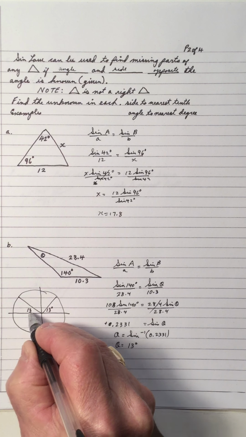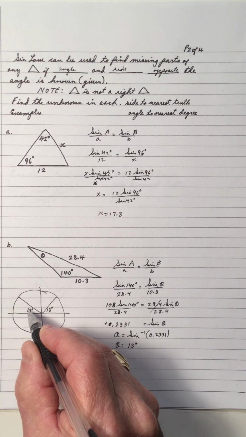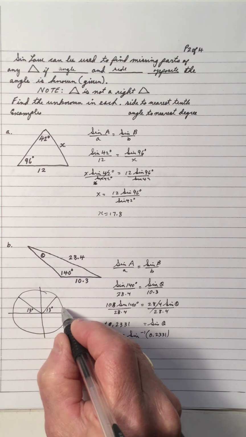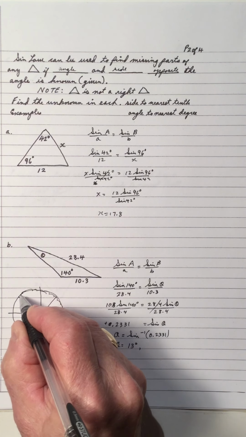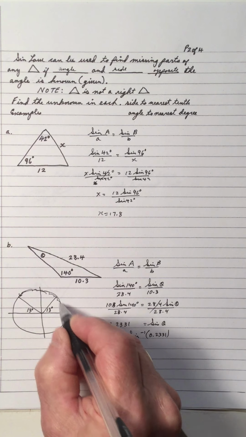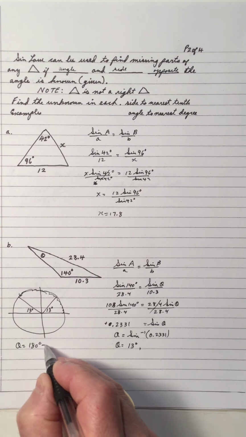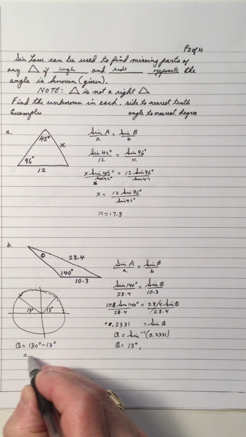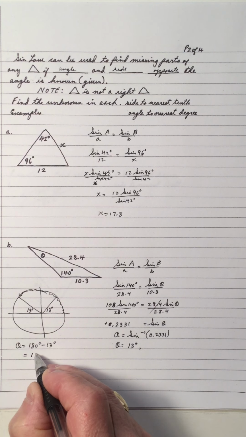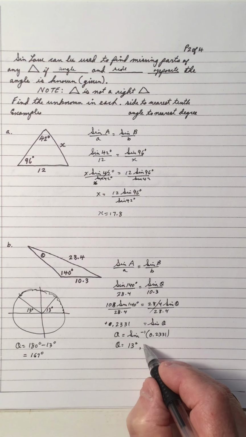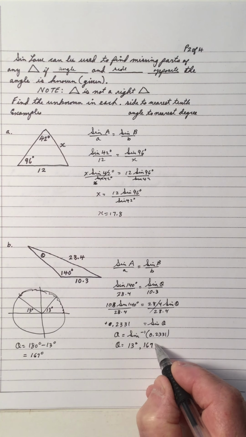That means the reference angle in the second quadrant is 13. So 13 is one answer. In the second quadrant, it's this rotation from here to here. Its theta is 180 minus the reference. So it's 167 degrees.